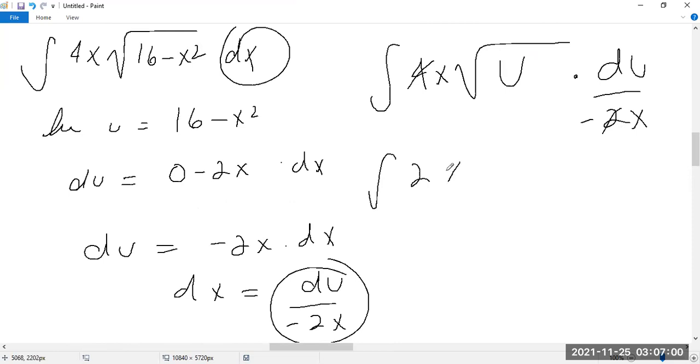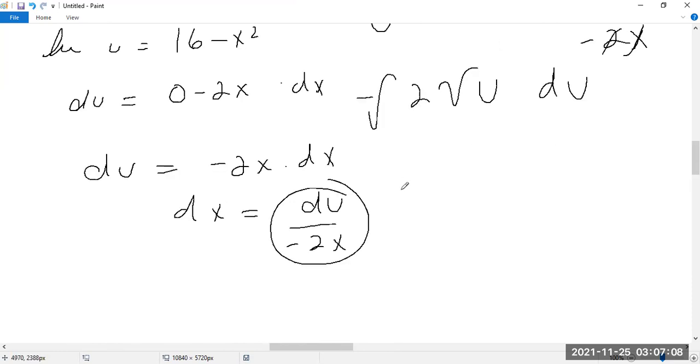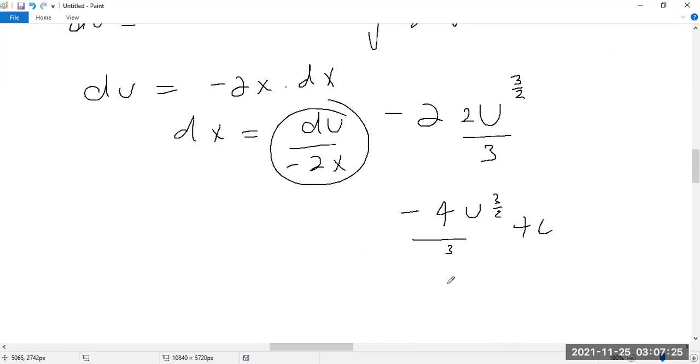The x cancels, leaving negative 2 times the integral of u to the 1/2 du. 1/2 plus 2/2 is 3/2, so dividing by 3/2 means multiplying by 2 over 3, which gives negative 4 u to the 3/2 over 3 plus c.